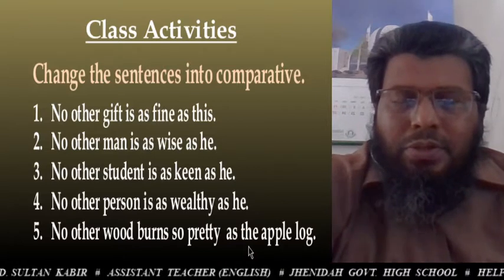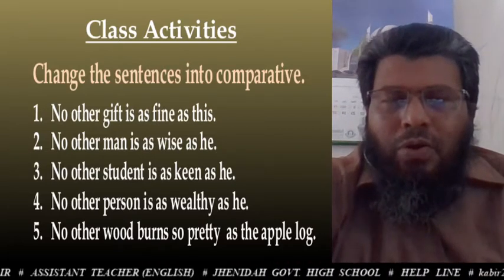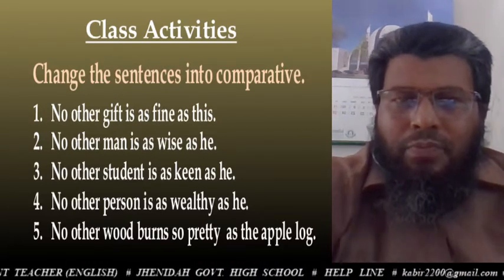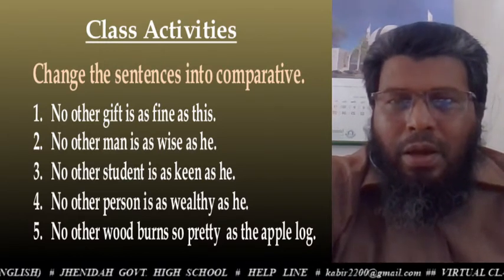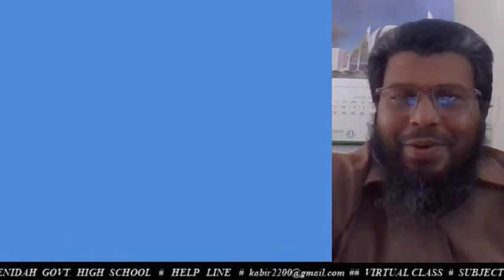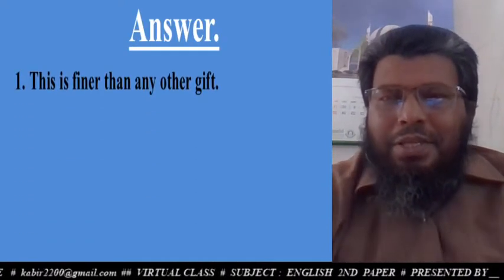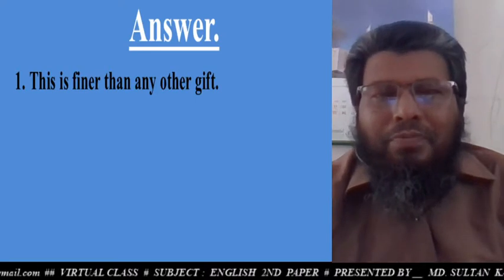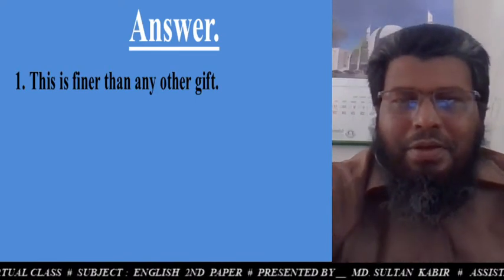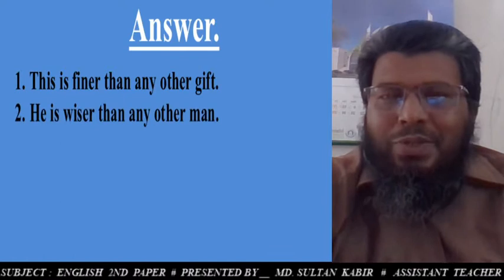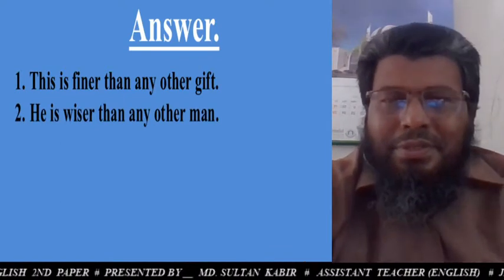Okay, dear learners, now I hope you have done all the work very well. Now look at the possible answers here. The first one is, this is finer than any other gift. The second one, he is wiser than any other person.